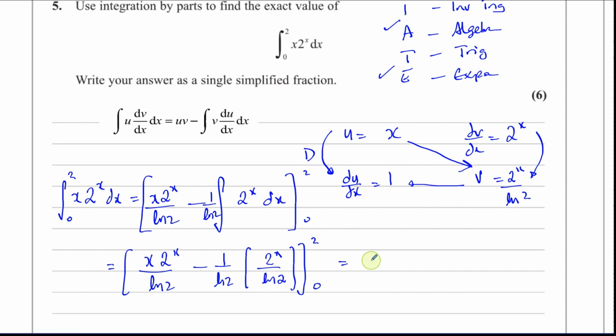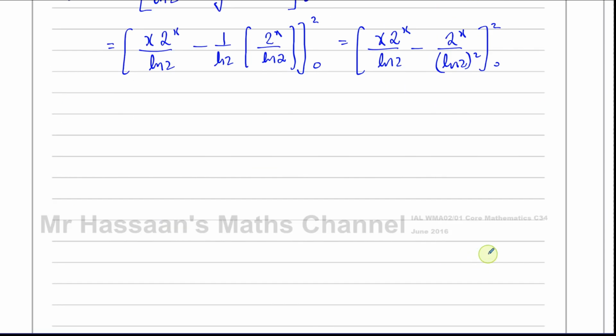So this gives you x times 2 to the power of x over ln 2 minus 2 to the power of x over ln 2, as I mentioned, all squared. You have 2 and 0. Okay. And then, as I said, be careful. First, you put 2 in here, so you have 2 times 2 squared over ln 2 minus 2 squared over ln 2 all squared.